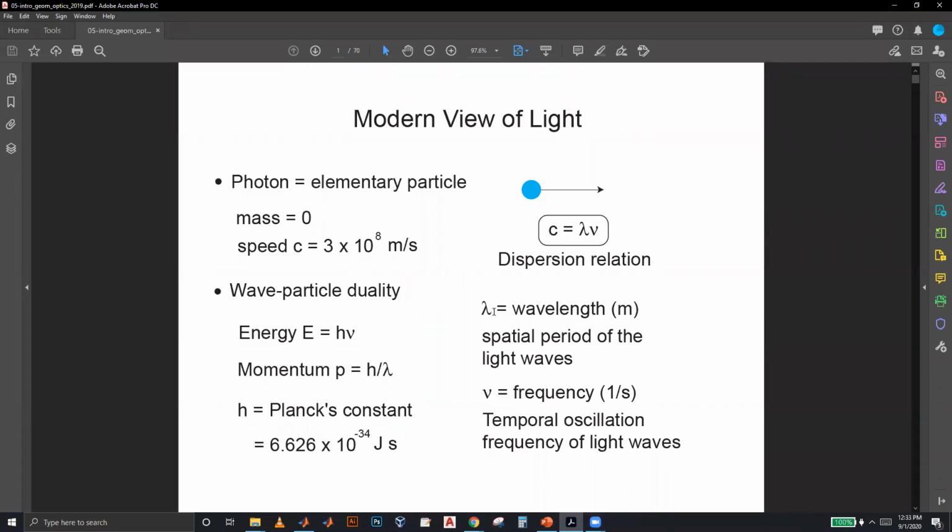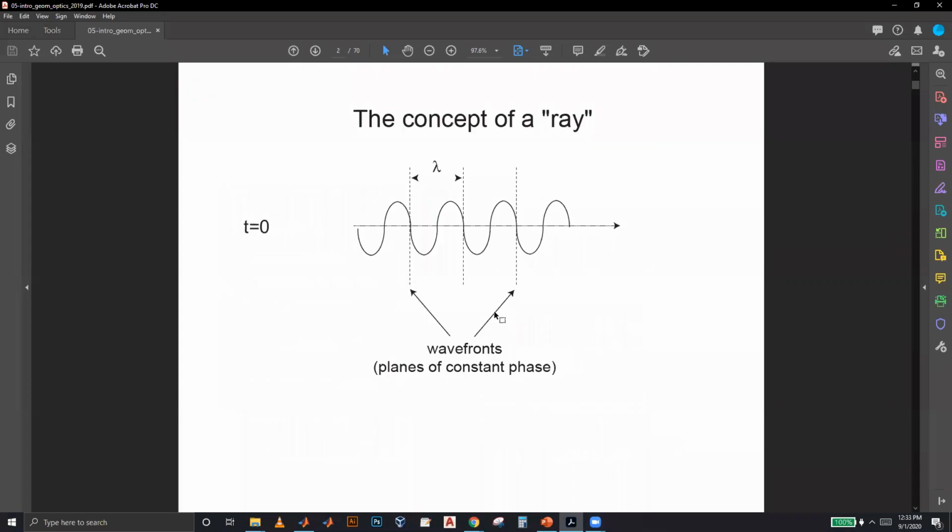And now we will look into how we can use the concept of a ray to solve some optical systems. So the idea behind these lectures is to get you familiarized with analyzing optical systems. Suppose you want to make a camera or some imaging optics, and maybe it's fairly complicated.